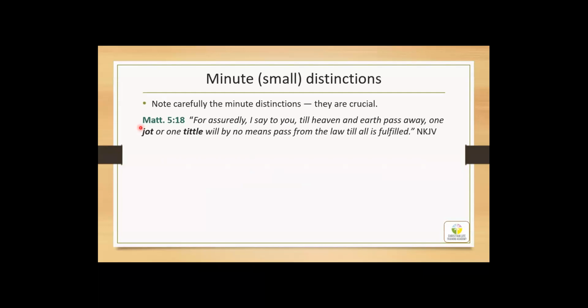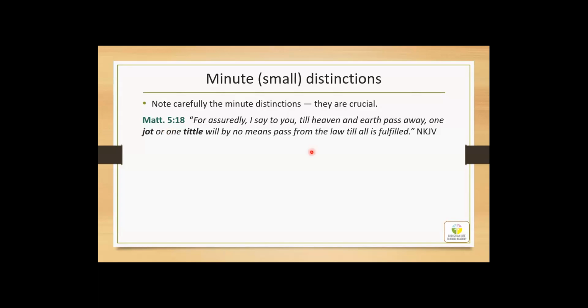Matthew 5, verse 18: For assuredly, I say to you, till heaven and earth pass away, one jot or one tittle will by no means pass from the law till all is fulfilled.